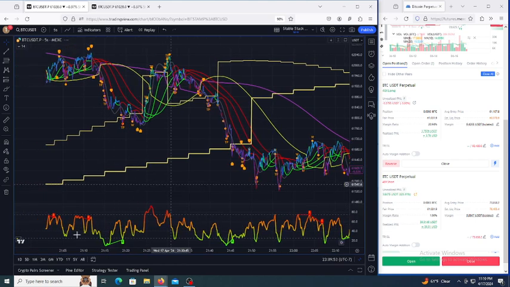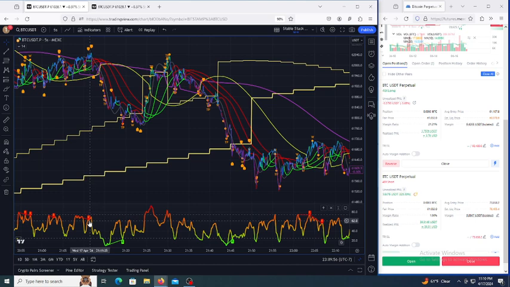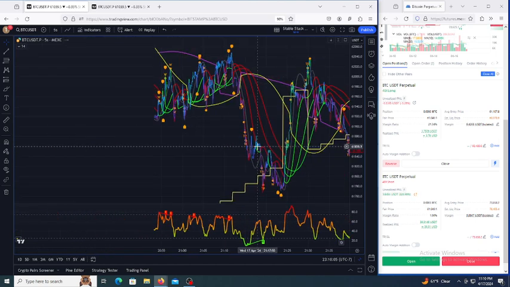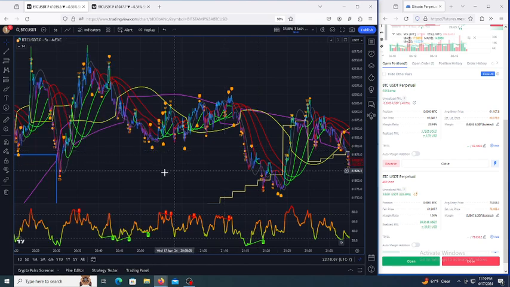Okay, right here you got a triple M with a divergence across it. Right there, you could have took that, or you could have took this little dip. Right here, see it's failing, it's going down, so these signals are failing.